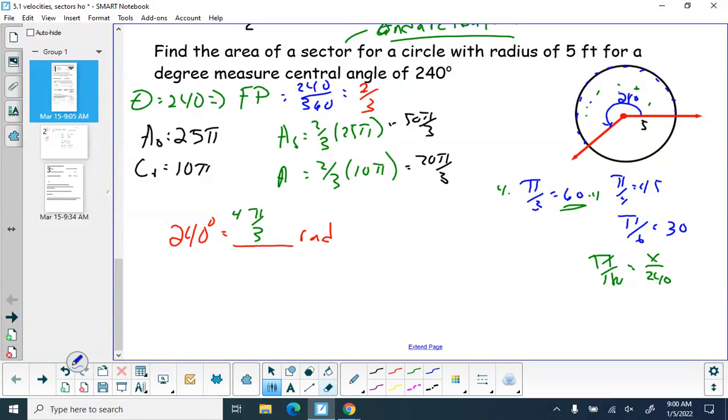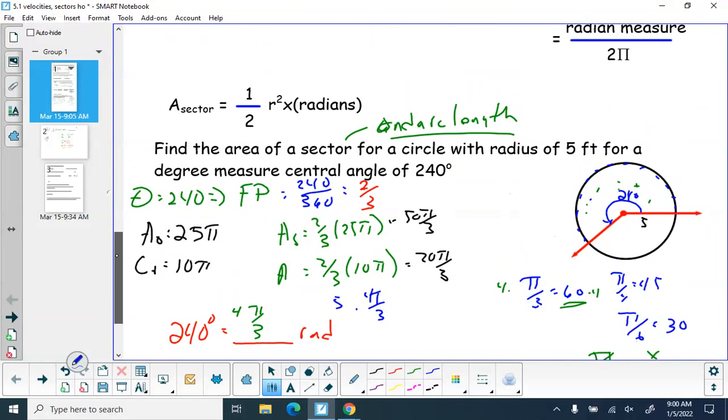So if I take a look at my arc length, if I multiply this by my radius, I can take the 4 pi over 3 and multiply by my radius of 5. So I got 5 times 4, which is 20 pi over 3.